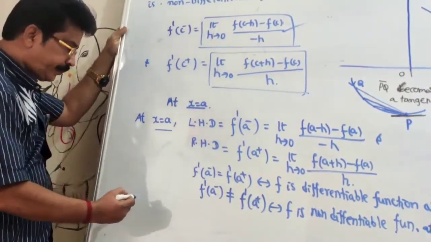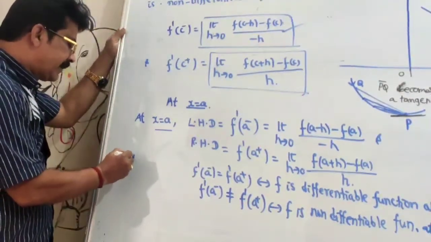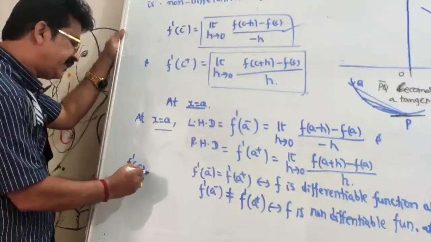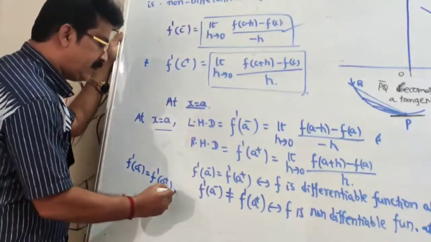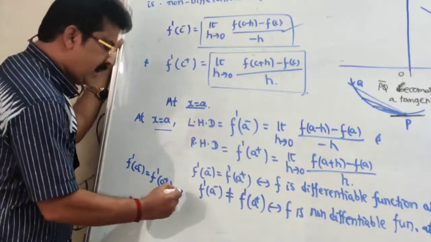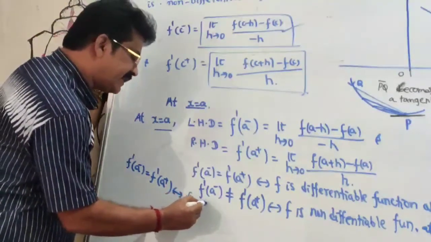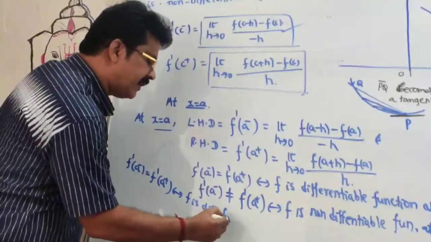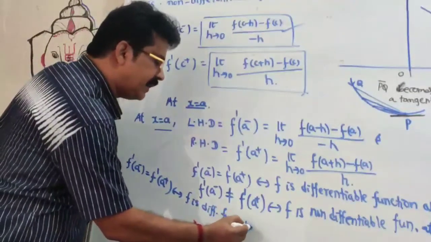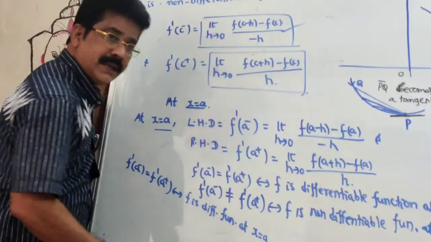If f dash of a minus is equal to f dash of a plus, then only f is a differentiable function at x equals a.